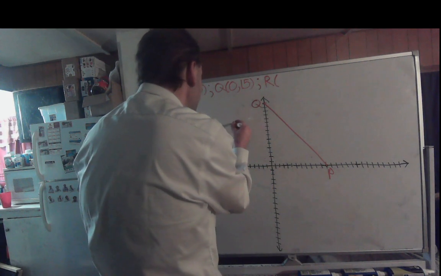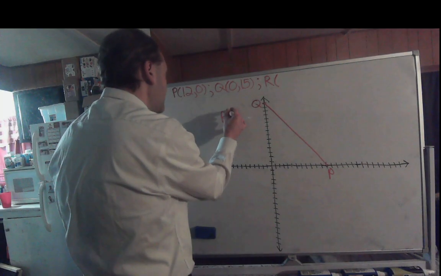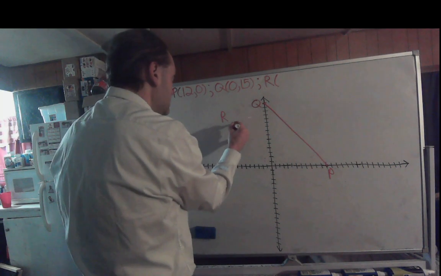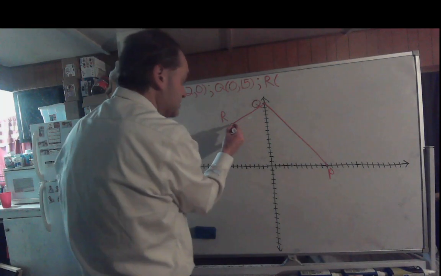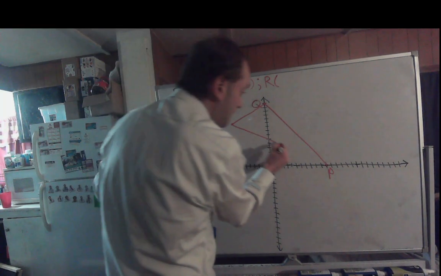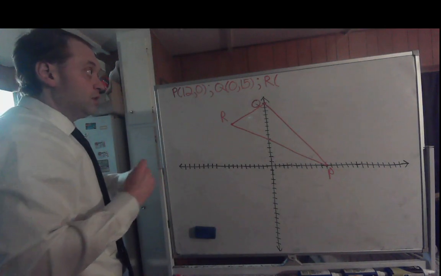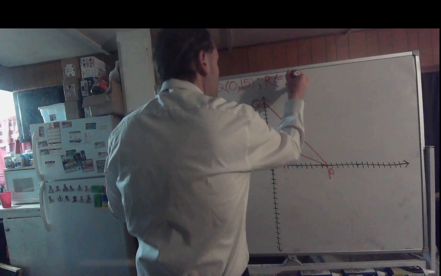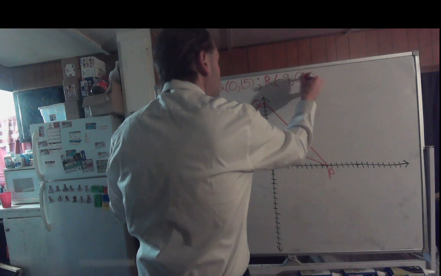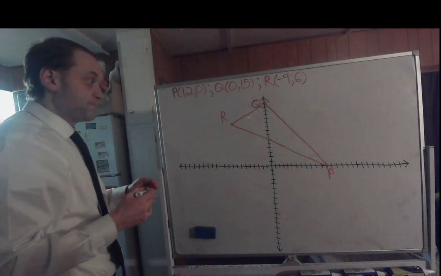Just trying to find it. Okay. Let's just connect these now. So there's my triangle PQR, with R having the point negative 9, 6.